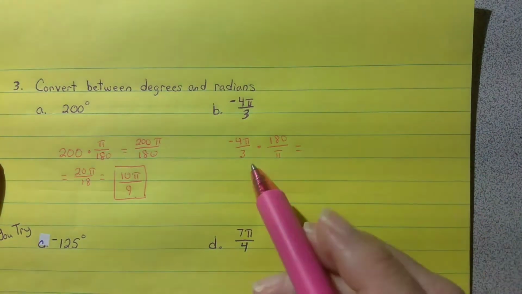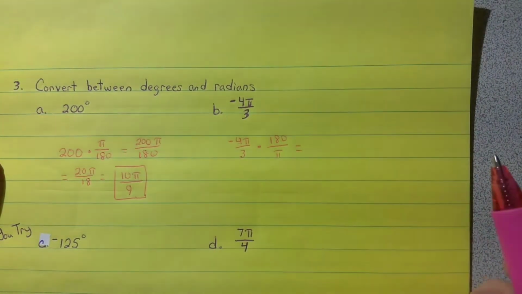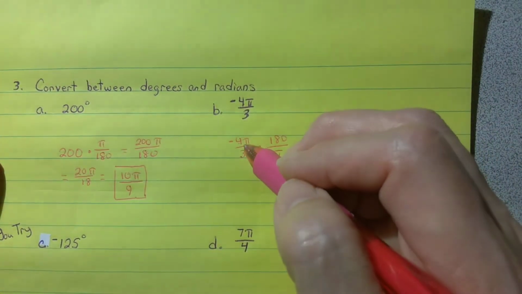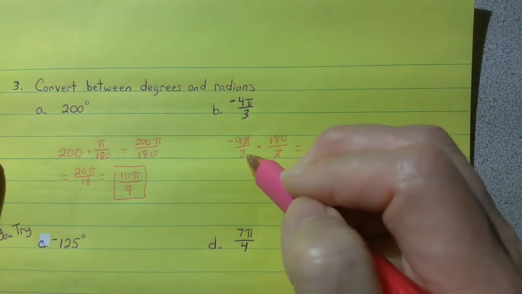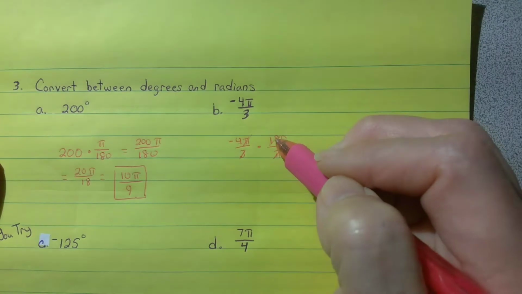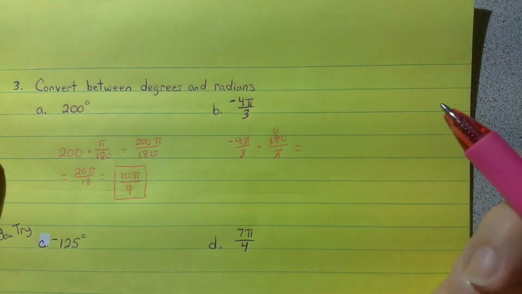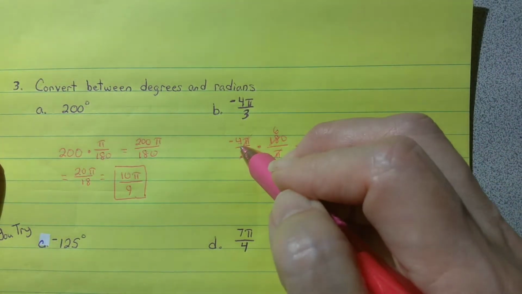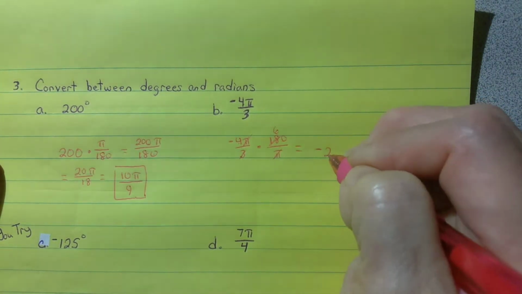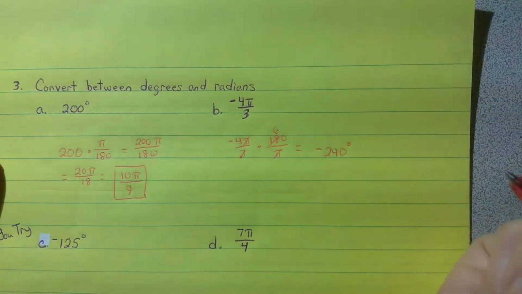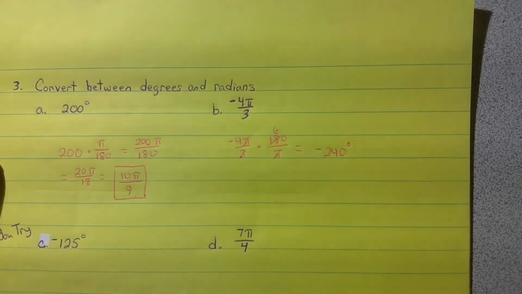Now, some people like to multiply the 4 times 180 and then reduce. I'm a big fan of canceling. The pi's will cancel each other. 3 goes into 18 6 times. So I've got a negative 4 here and a 60 right there, which multiplies to be negative 240. And there we have our degrees.